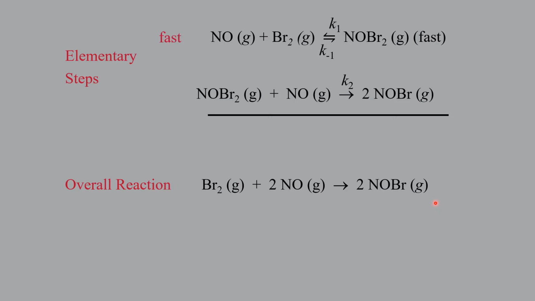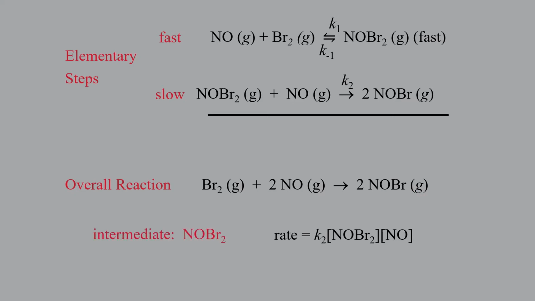And I'm going to further suppose that the first step is the fast one, and the second step is the slow one. So the second step is the rate determining step, which means that we could propose a rate law that is equal to the concentration of NOBr2 to the first power times the concentration of NO to the first power, since the coefficient of both of these is 1 in this equation.